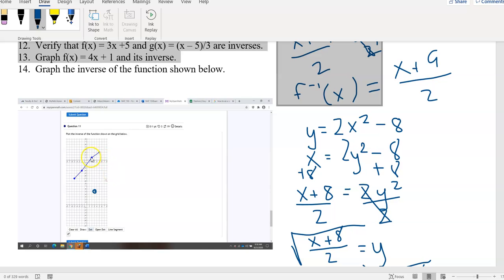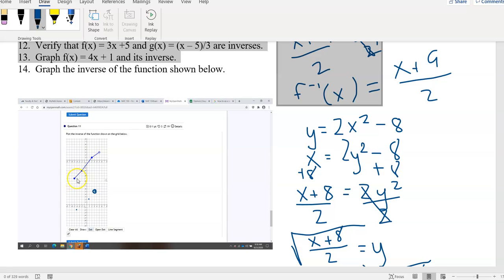And then this one is (2, 1), so down here will be (1, 2). And then this one here is (-2, -4), so I want (-4, -2), there.